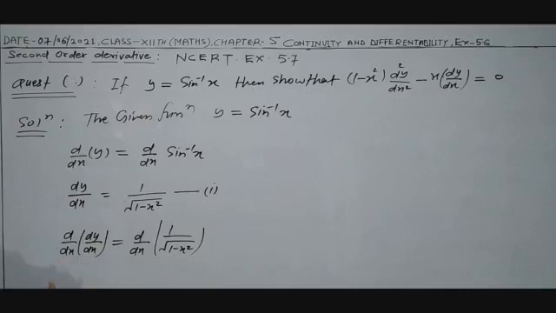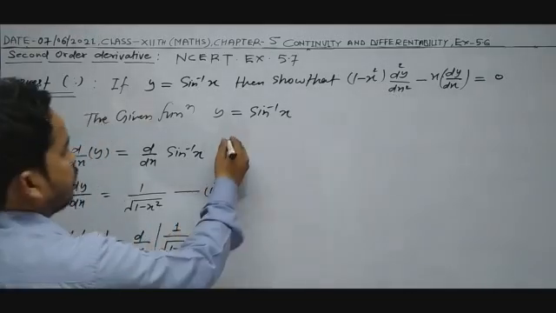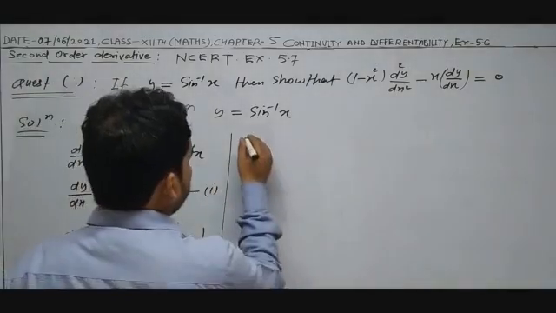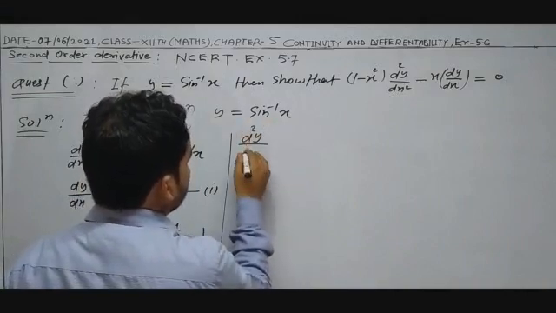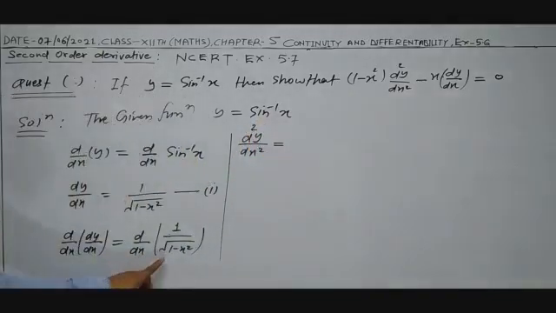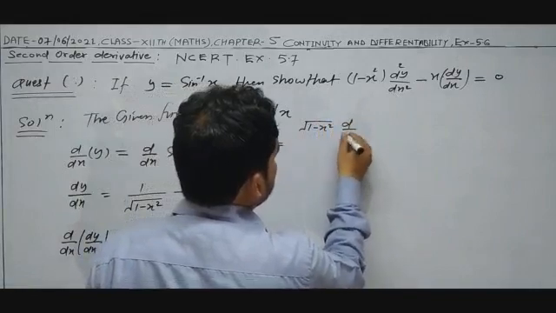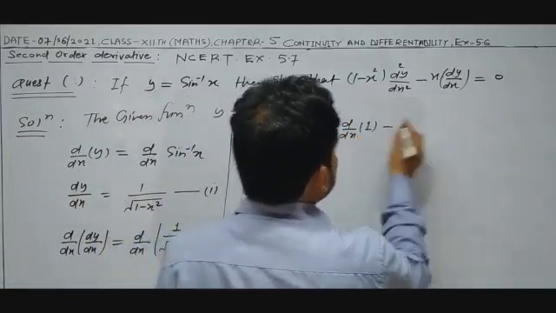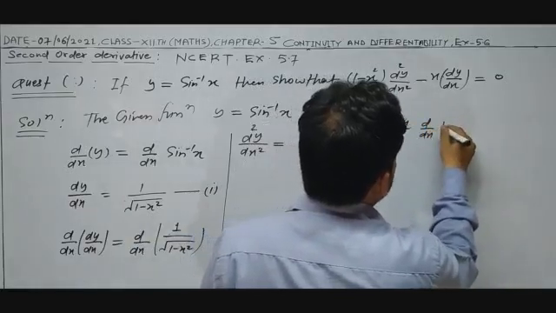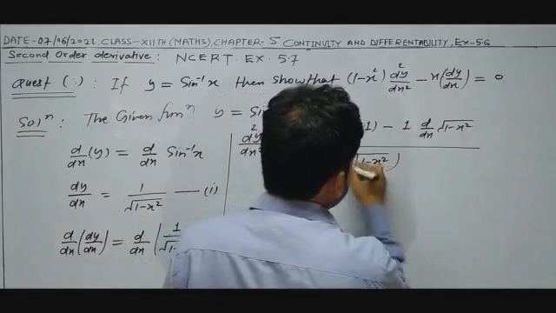So again you have to differentiate this function. So see, operate d by dx on both the sides. Then d by dx of dy by dx is equal to d by dx of 1 upon root over 1 minus x square. This result will be d2y by dx2, and you can differentiate with respect to x by using the quotient rule. So the left hand side will be d2y by dx2 is equal to g x into d by dx of f x, means root over 1 minus x square into d by dx of 1 minus 1 into d by dx of root over 1 minus x square, whole upon g x whole square, means 1 minus x square whole square.